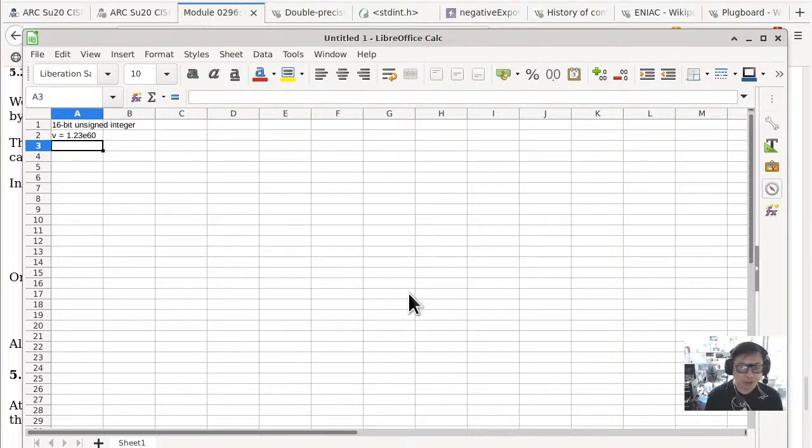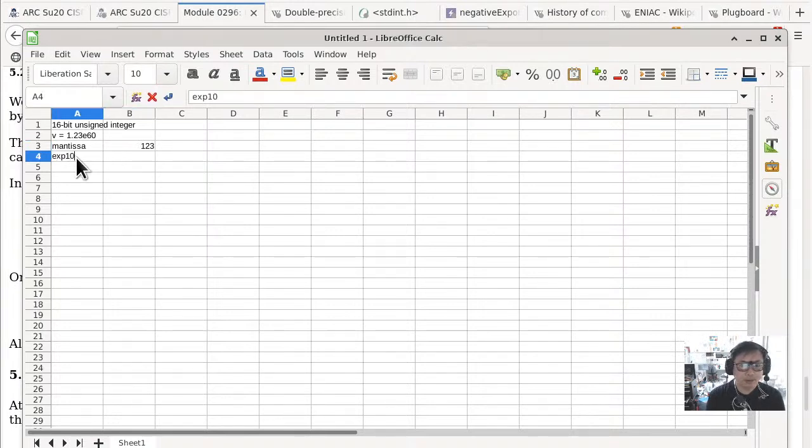So the question is, what are we going to do, at least initially, and then when it cannot fit anymore, what are we going to do at that point? The initial phase is pretty easy. We have the mantissa, which is 123, because we only use unsigned integers to represent the mantissa.